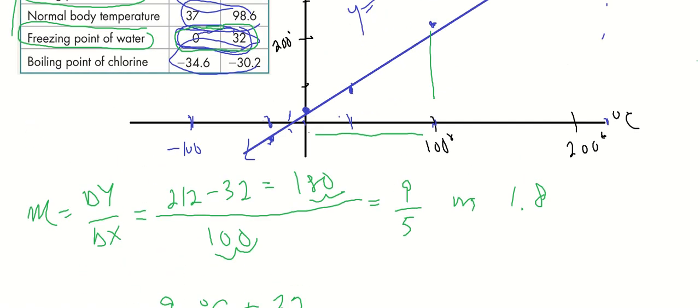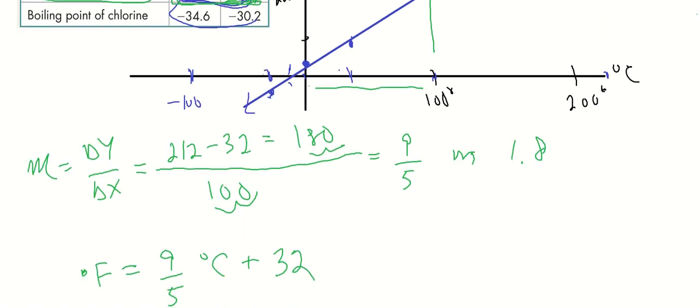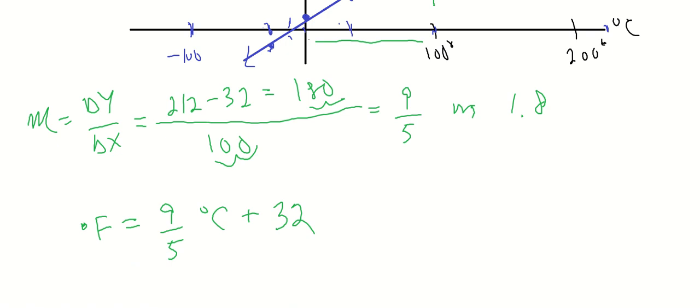Because that's where we did this earlier, right? When x is 0, it intercepts the y-axis at 32 degrees. So water freezes at 32 degrees. Or if you want this in decimal form, you can do Fahrenheit equals 1.8 times degrees Celsius plus 32. So either one of them.